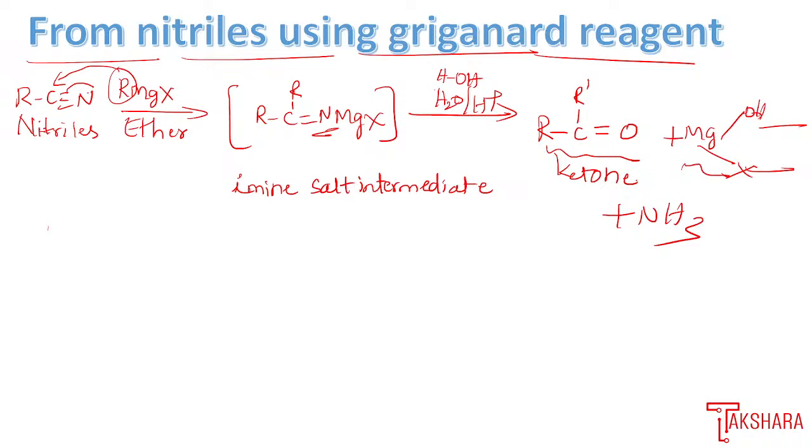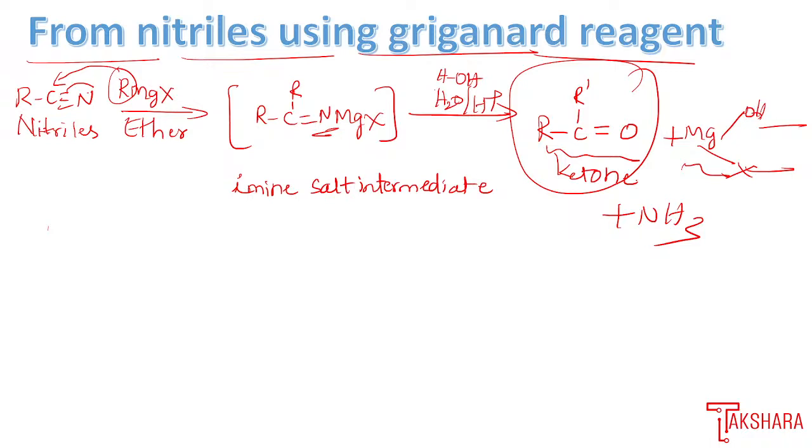So the final product is what? Ketones. So we get ketones as the final product. Let us take an example for this.